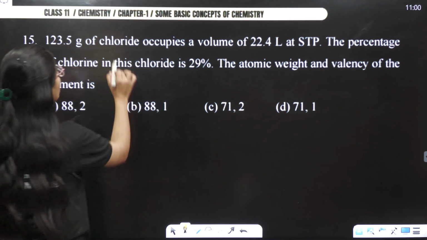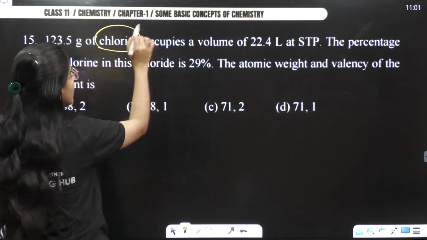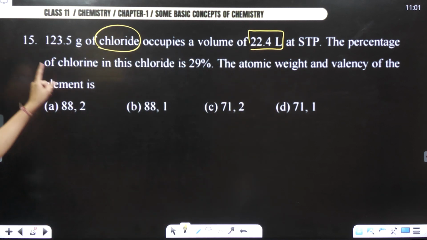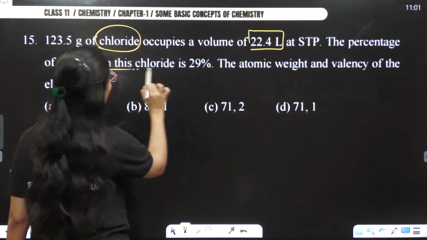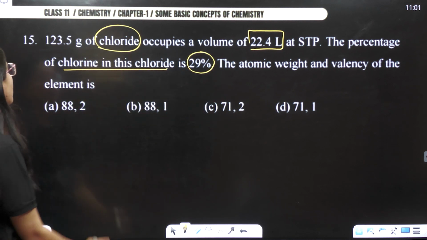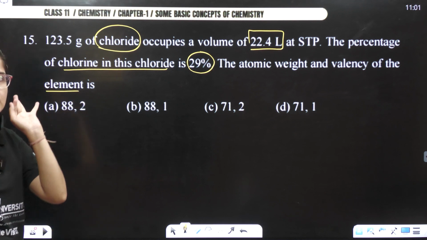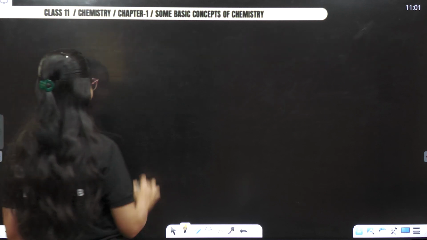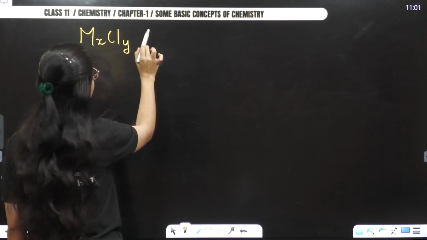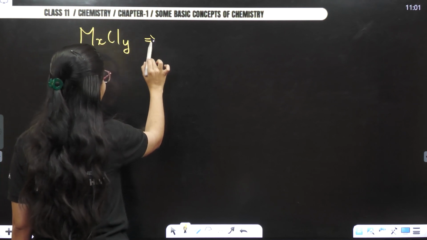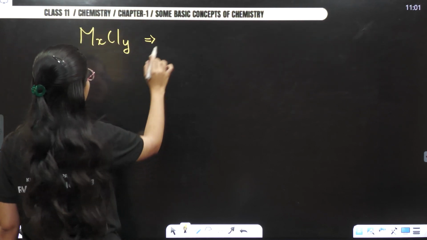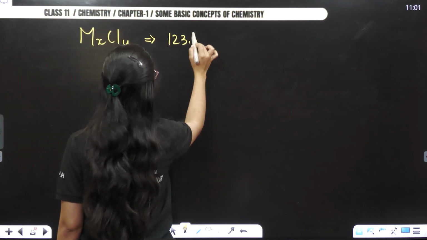123.5 gram of a chloride occupies a volume of 22.4 liters at STP. The percentage of chlorine in this chloride is 29%. The atomic weight and valency of the element is? So you have an element, let's say MxCly, giving a chloride of 123.5 grams.